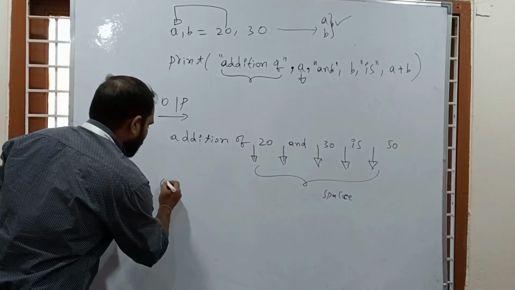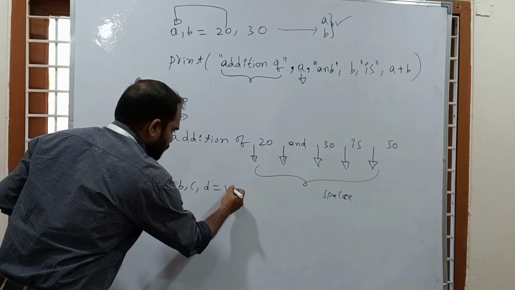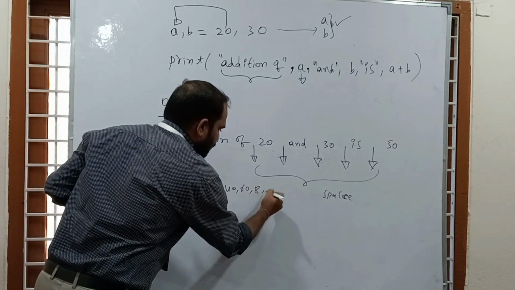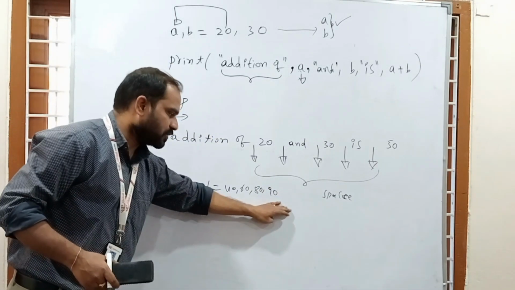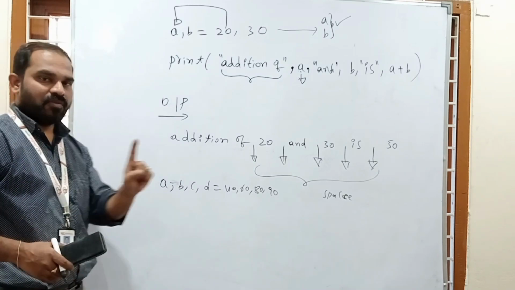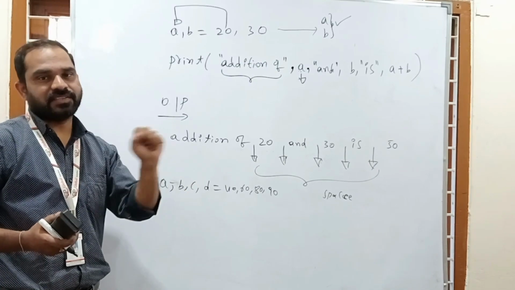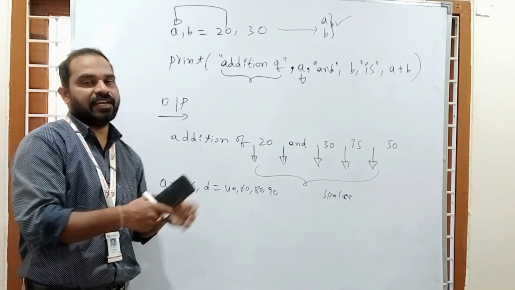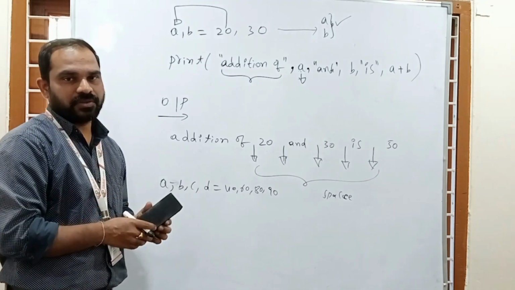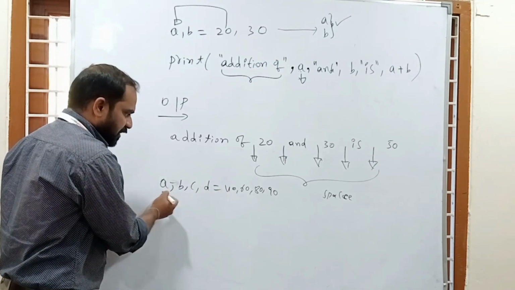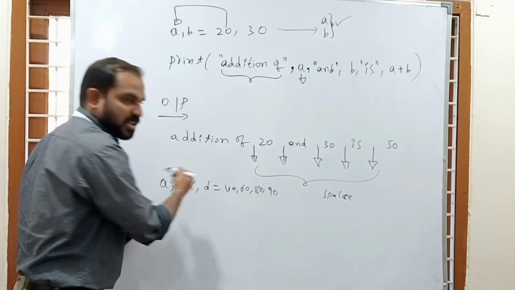Okay. So for example, I have values like a comma b comma c comma d, four variables to take 40 comma 60 comma 80 comma 90. We can assign multiple values to multiple variables, but what is the condition? The number of values and the number of variables should be the same, then only you can assign in a proper way, or Python can unpack the values. Because 40 will be assigned to a, 60 will be assigned to b, 80 will be assigned to c, 90 will be assigned to d.